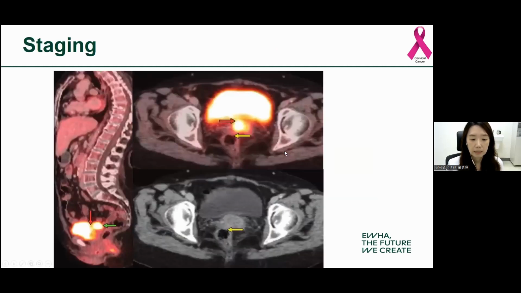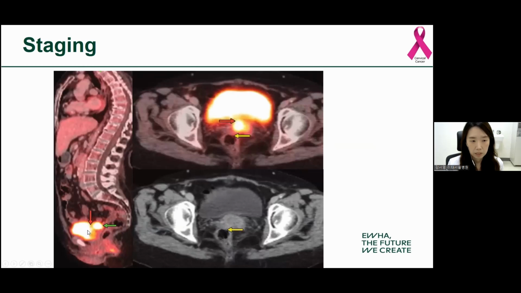So this is a case showing the role of PET-CT in the initial staging of cervical cancer. It is a 57-year-old woman with clinical stage 1B cervical cancer. In the fusion FDG PET-CT, you can see a hypermetabolic mass in the cervix suggesting cervical cancer.